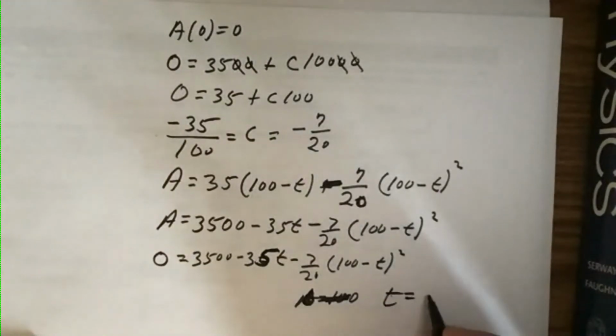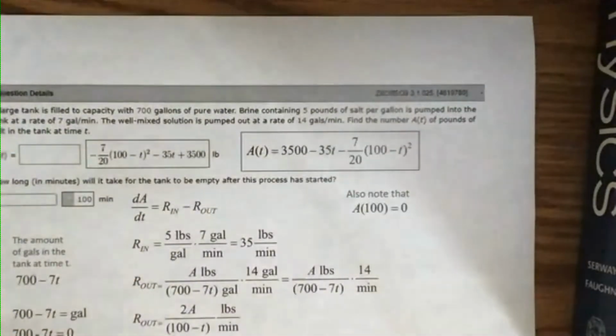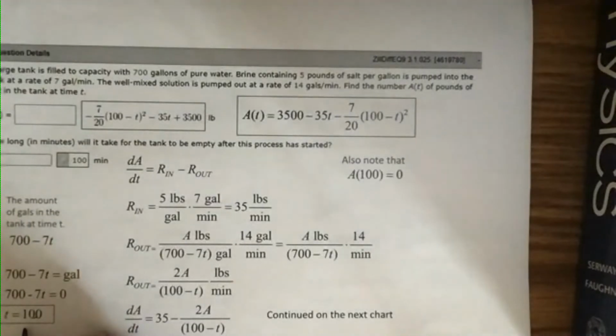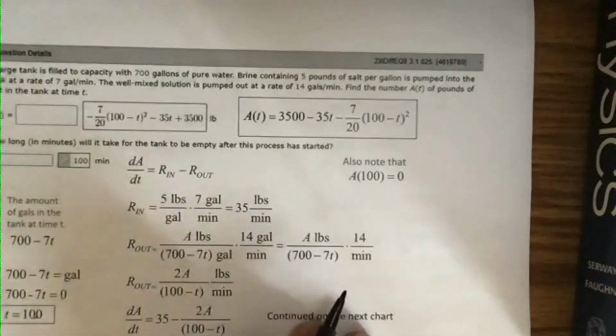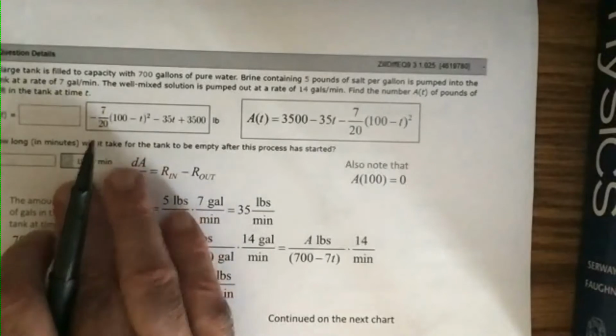You get t is equal to 100 minutes. But I think it's easier just to look at this and see that at any time t, you have 700 minus 7t gallons. Set this equal to 0 and you see that t is equal to 100. So that was another part of the problem, how long would it take to empty the tank?